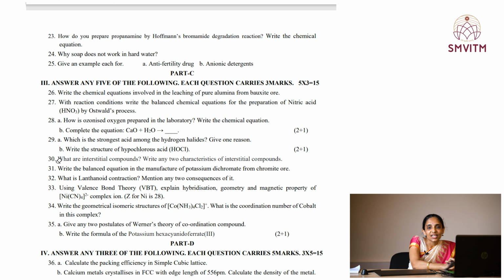But remember that intermixing of the units will not be done. When there is a splitting, 2 plus 1, the 2 questions will be from the same unit; questions from different units will not be mixed up. So it is easy for you to identify the question.